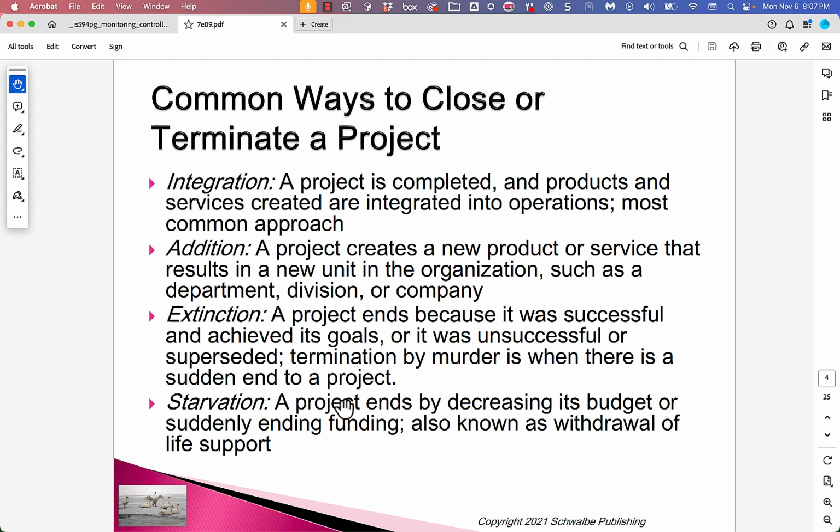Extinction. A project ends because it was successful and achieved its goals, or is unsuccessful or superseded. Termination by murder, I think that should be in quotes or at least in italics, is when there is a sudden end to a project. So some projects stop, and sometimes they stop in successful ways.